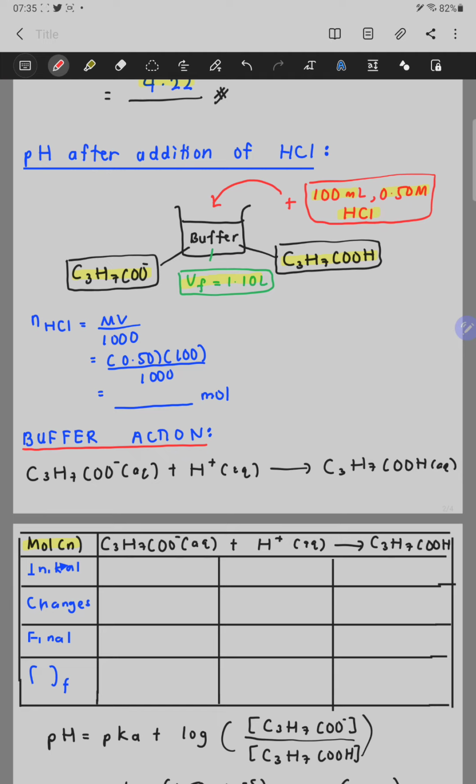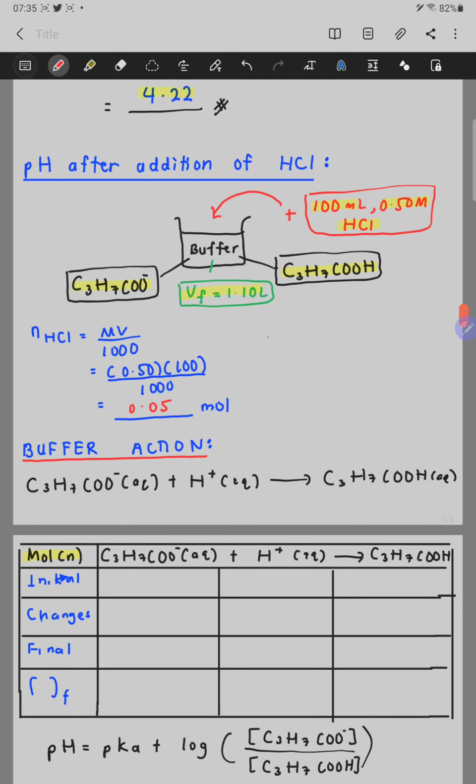So kita akan dapat number of mole of HCl adalah 0.05 mole. Okay, so number of mole of HCl ini adalah sama dengan number of mole of H+, sebab kita tahu HCl akan fully dissociate kepada H+.